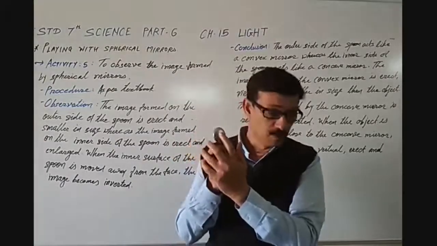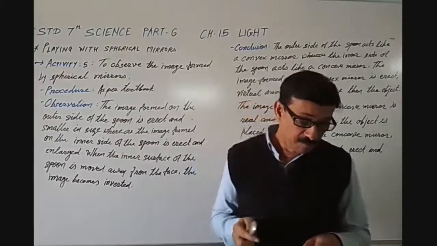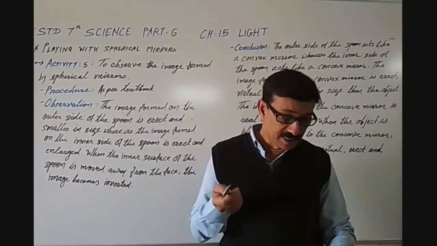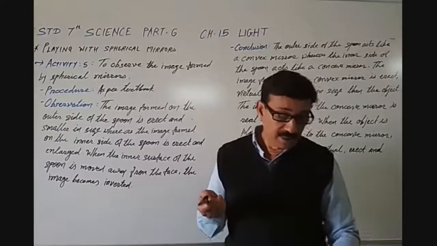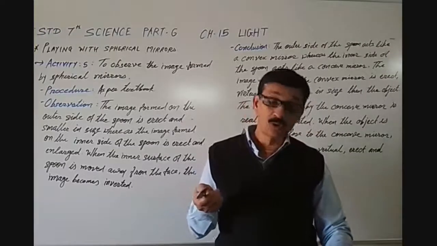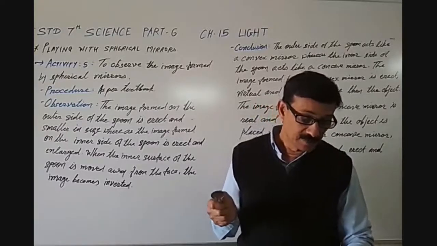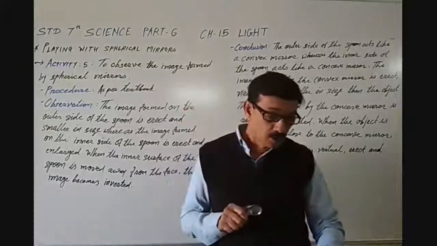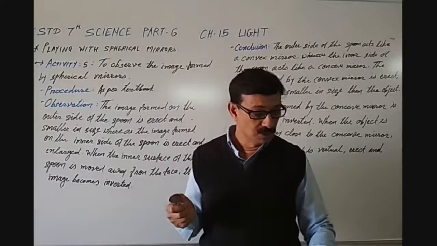At the back side, or we can say the outer side of the spoon. Paheli found that the image through this outer side is smaller in size. This spoon also acts as a mirror. You can also use a spoon or any curved shining surface to see your image.